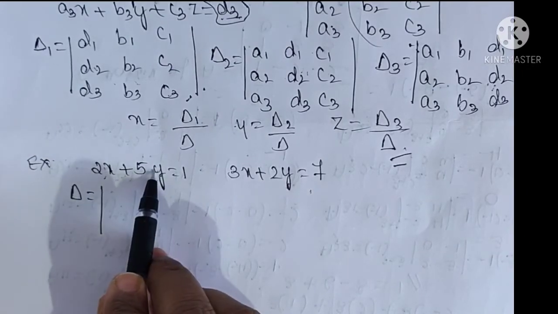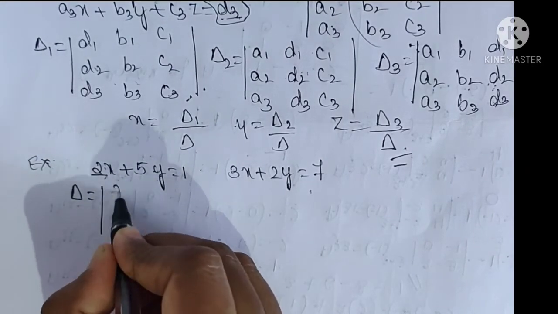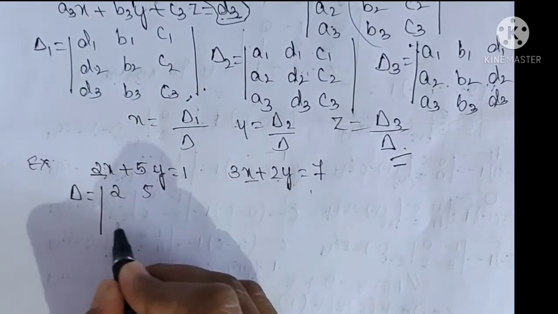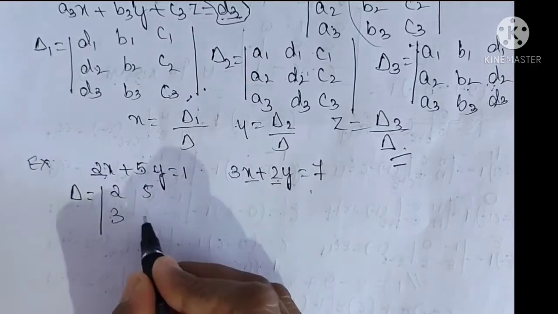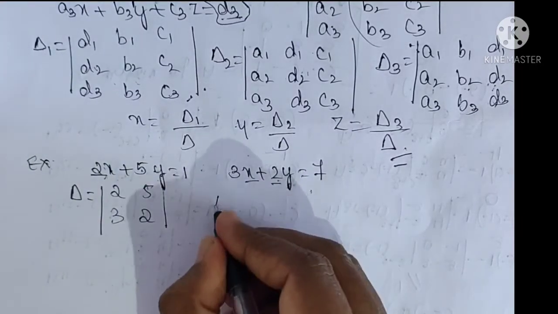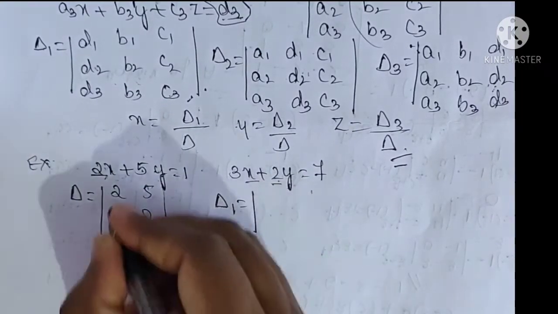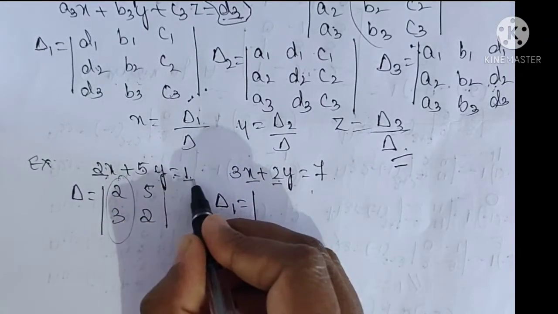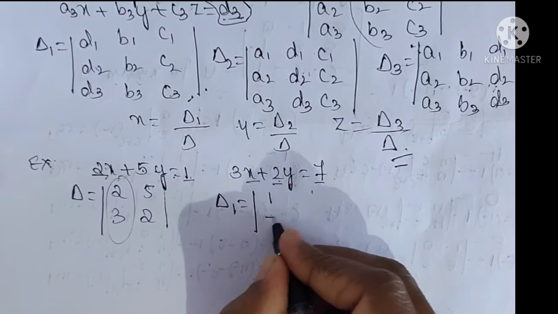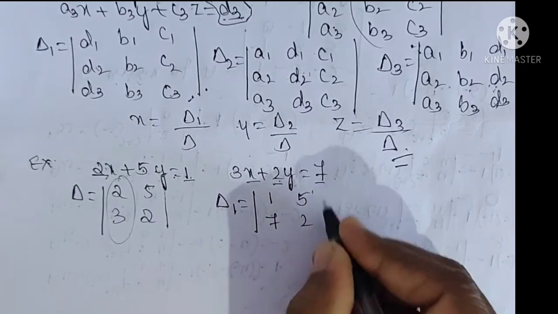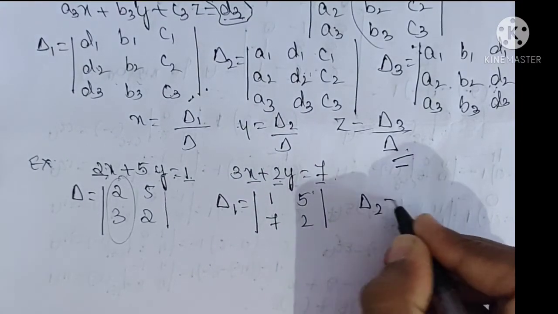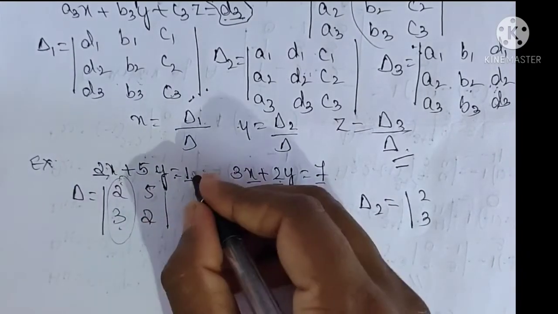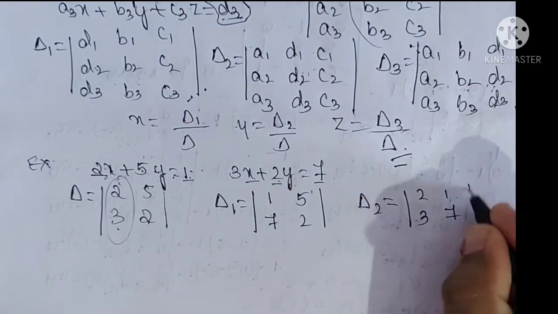In the first equation the coefficient of x is 2 and of y is 5; in the second equation the coefficient of x is 3 and of y is 2. This is delta. For delta 1, replace the first column by the constants after the equals sign, here 1 and 7, giving 1, 7, 5, 2. To get delta 2, the first column stays as 2 and 3, and you replace the second column by 1 and 7.